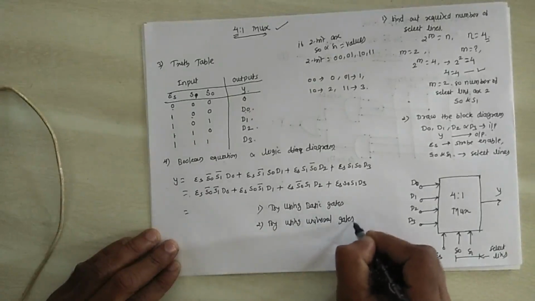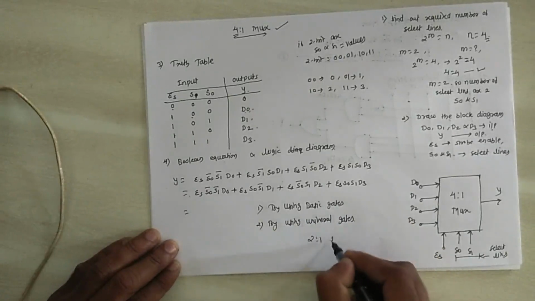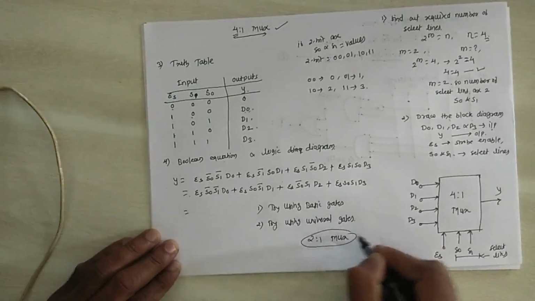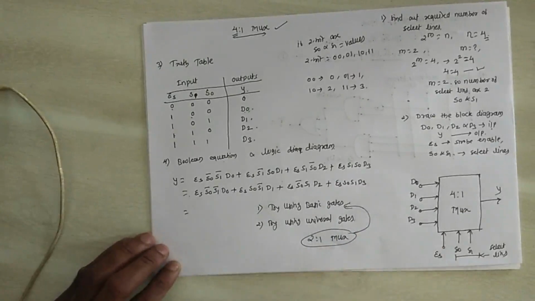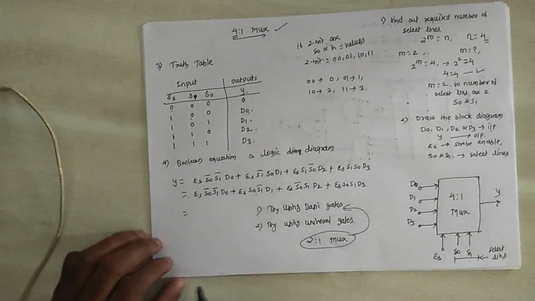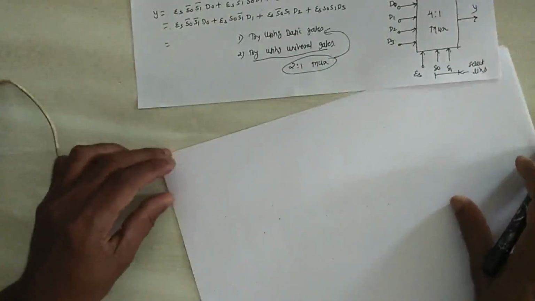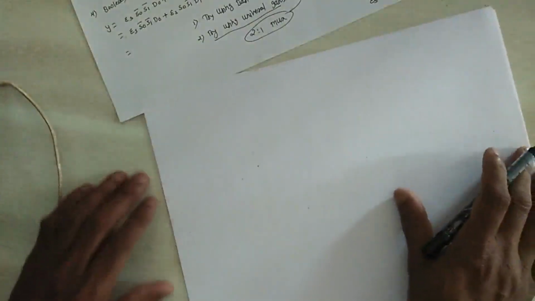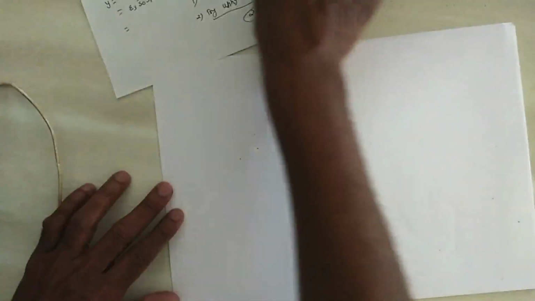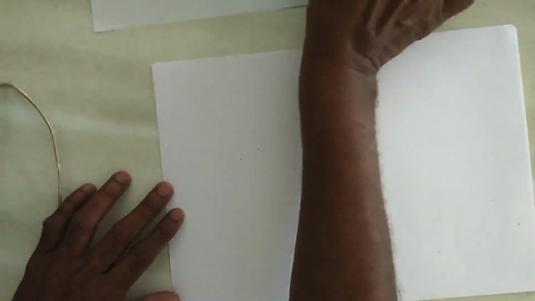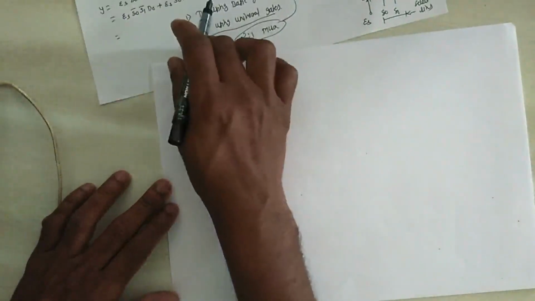For the 2:1 mux, we implemented the logic diagram by using basic gates, but now we can implement the 4:1 mux by using universal gates. To draw a logic diagram, we first have to find the Boolean expression, which is found from the truth table.